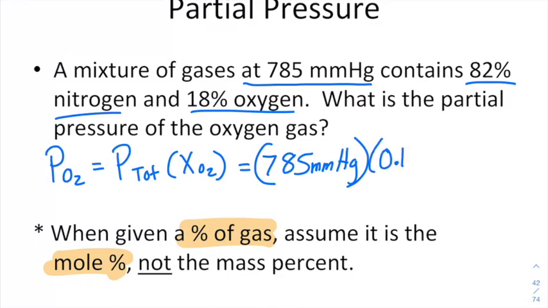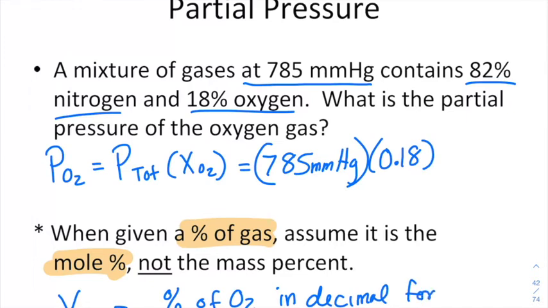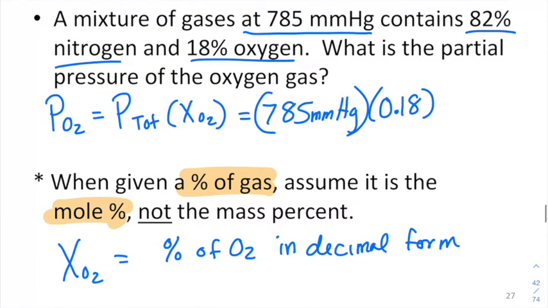So I'm going to call it 0.18. So remember that the mole fraction of oxygen equals the percent of O2 in decimal form. Another way of saying that is that it equals the percent of O2 divided by 100.